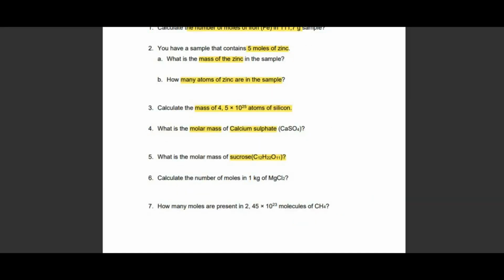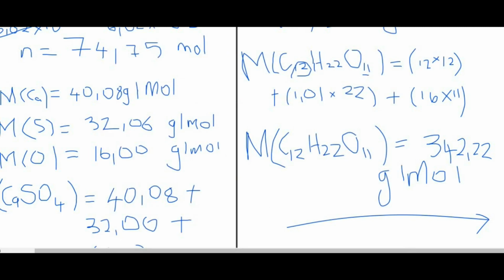Okay, so let's look at another question. We are almost done. It says calculate the number of moles in 1 kg of magnesium chloride, right? So let me go down a bit. I'm going to start this question over here. Magnesium chloride.